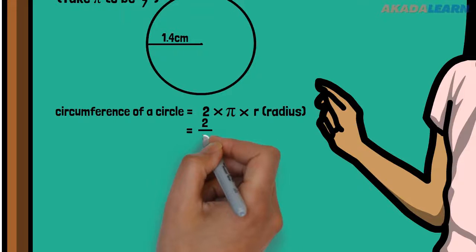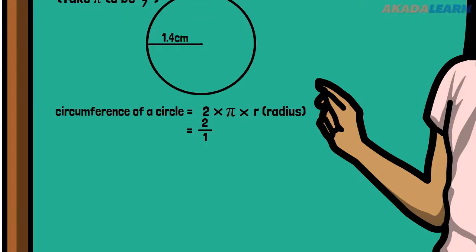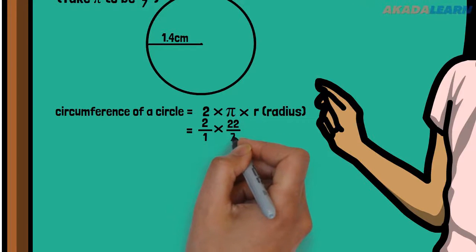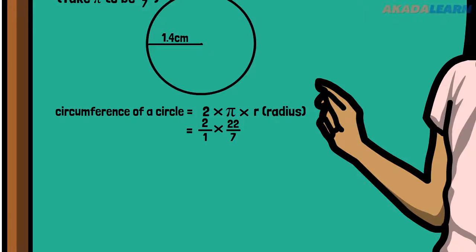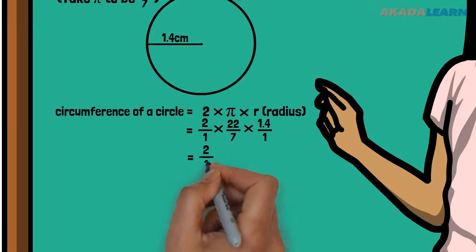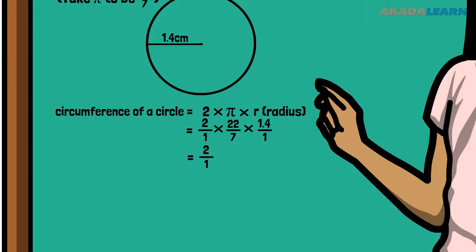So that's equal to 2 over 1 times 22 over 7 times our radius, which is 1.4 over 1. Now since 7 can go in 14, let's change 1.4 to 14 by multiplying by 10 to move the decimal point 1.